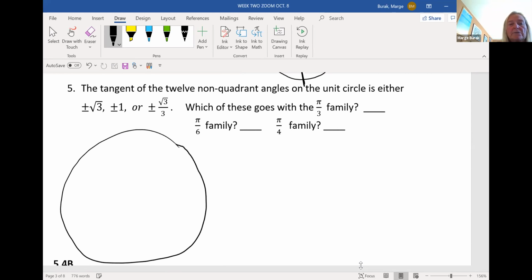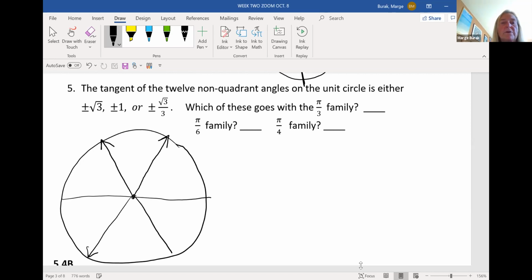Okay, so we have the pi over 6 family, pi over 3 family, and pi over 4 family. So which go with the pi over 3? Here's pi over 3, 2 pi over 3, 3 pi over 3, 4 pi over 3, 5 pi over 3.